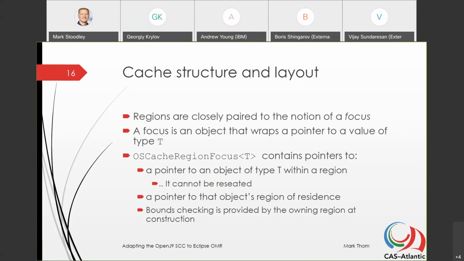And then when you set the region at construction time, there's some bounds checking just to ensure that the location you provided actually points somewhere within that region. So this would probably be a good time to point out that I don't use anything like RTTI or exceptions.